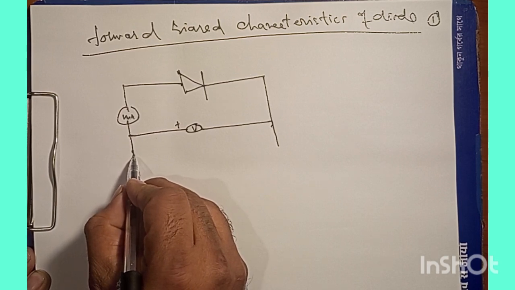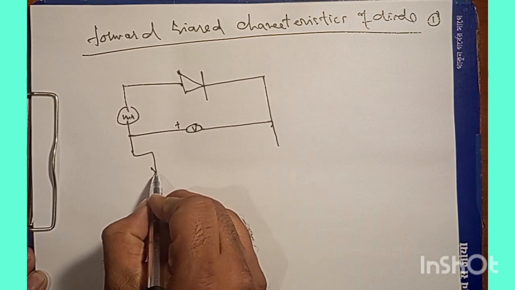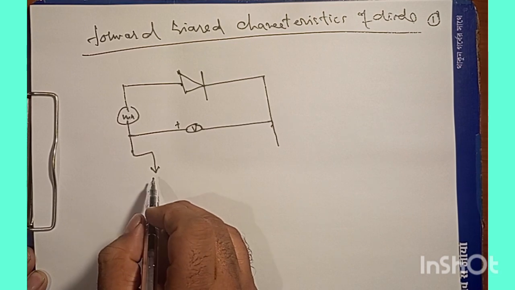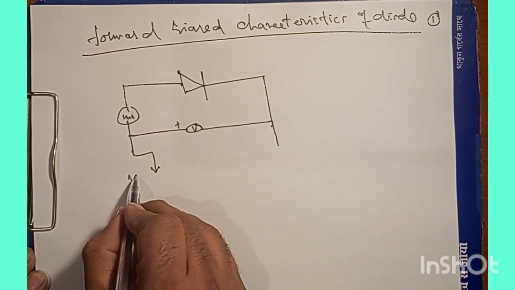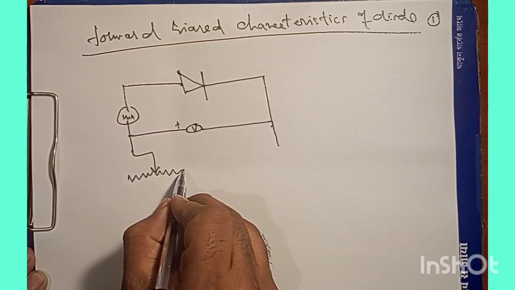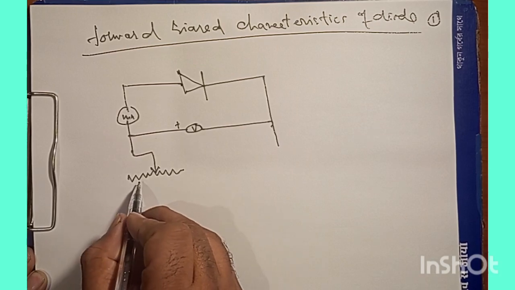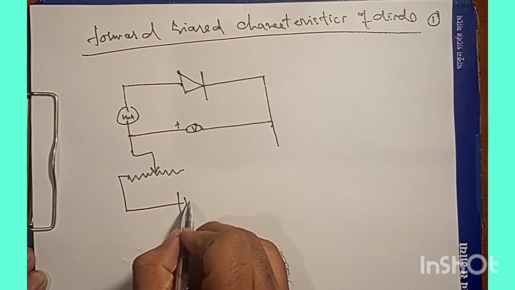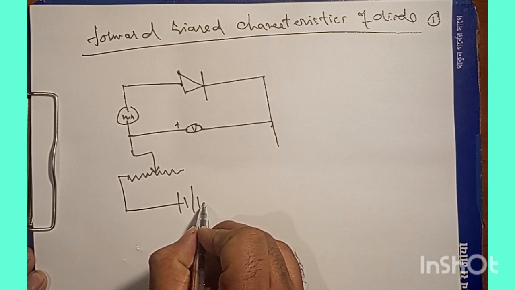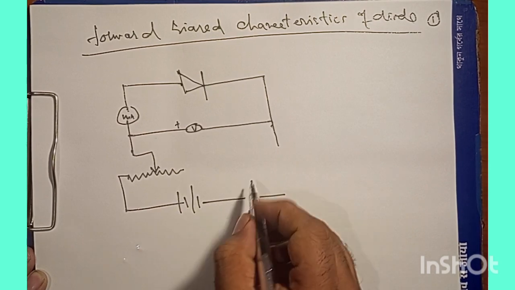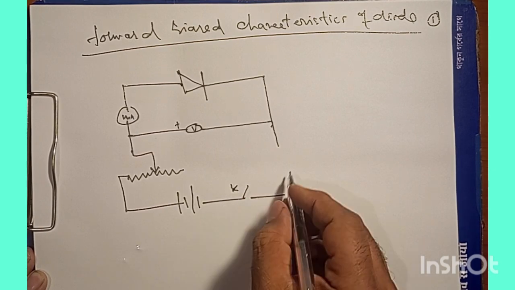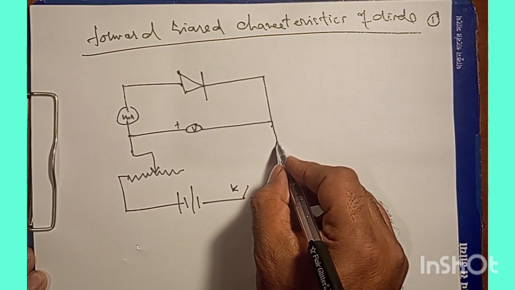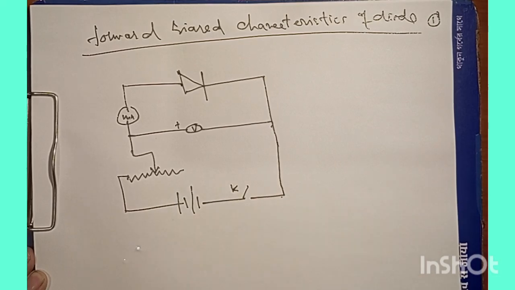Now let's have a rheostat, by virtue of which we can control the potential difference. And let's have a key. Say this is key, and let us connect the circuit like this.